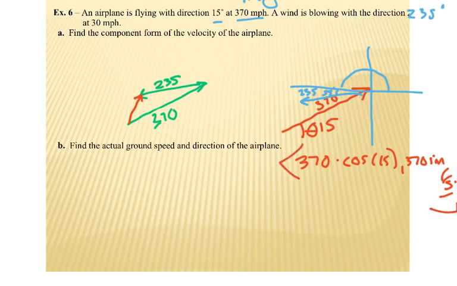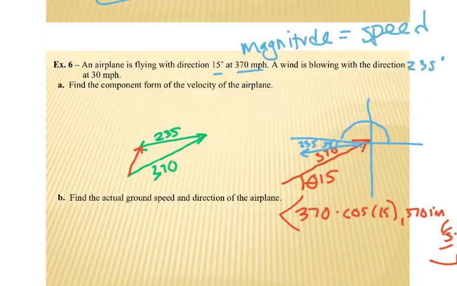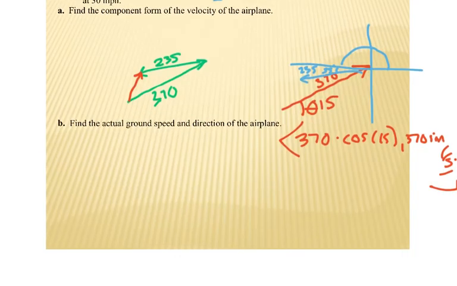Alright, and so to get that one, again, degree mode, just double checking that my cosine and sine are right. 370 times cosine of 15 makes the first one 357.39, and then 370 times sine of 15 makes 95.76.